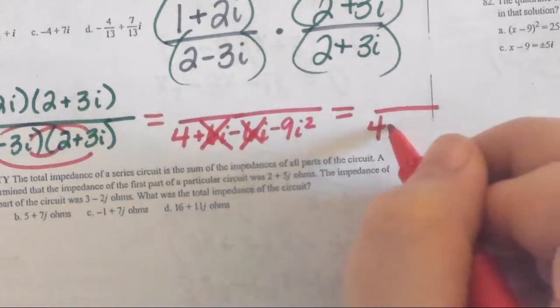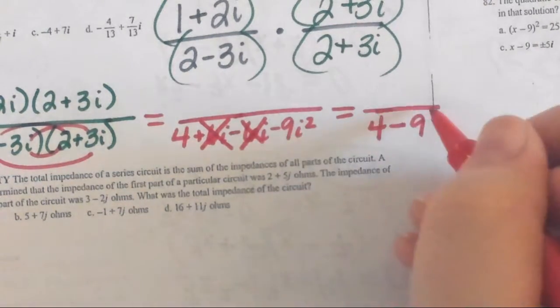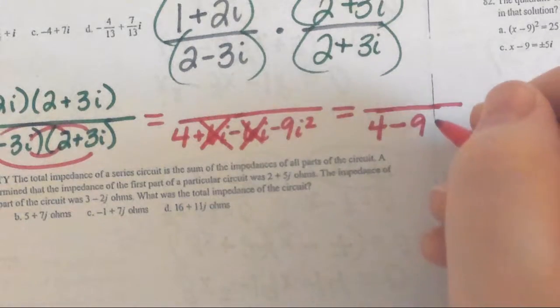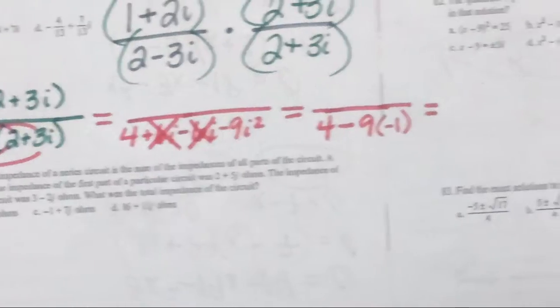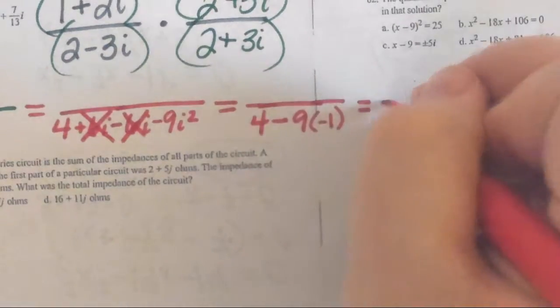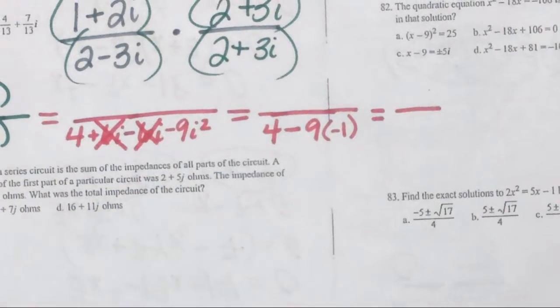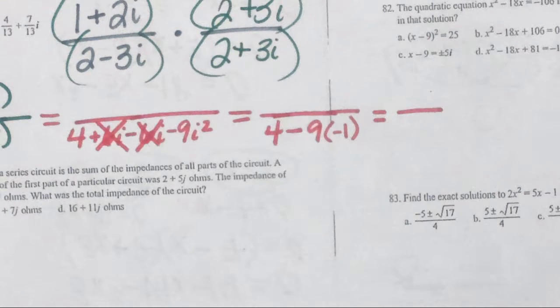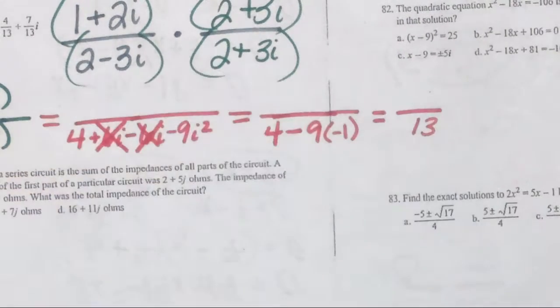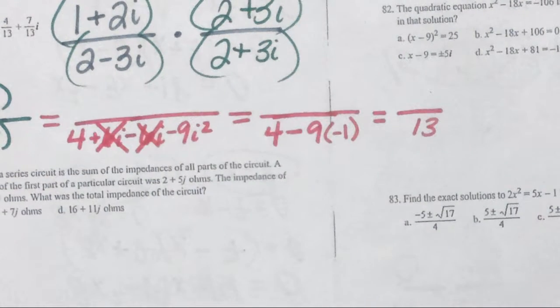So I really just have 4 minus 9, but I know what i squared is. i squared is, okay, it is negative 1. So really in the denominator I should have what number? Okay, 6th point. 4 plus 9, a negative times a negative is positive. So I have 4 plus 9, which is 13.